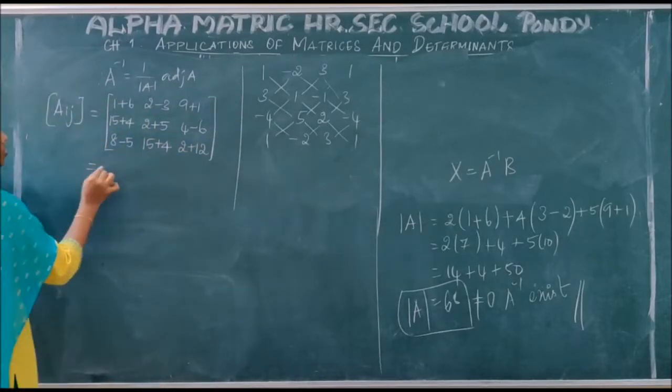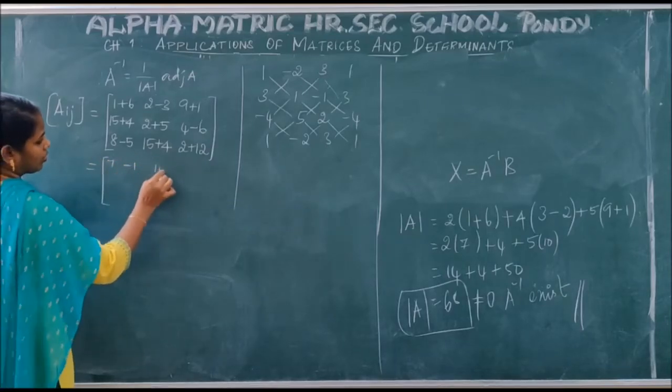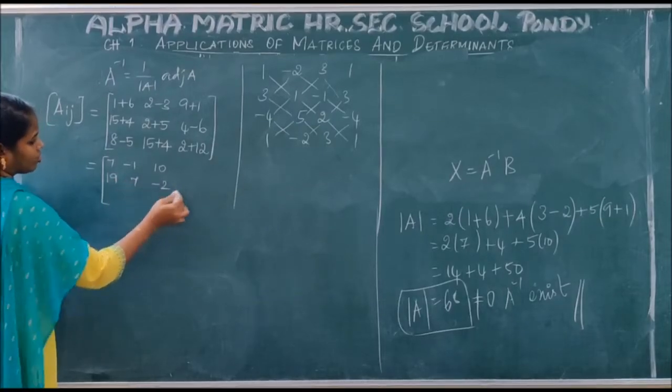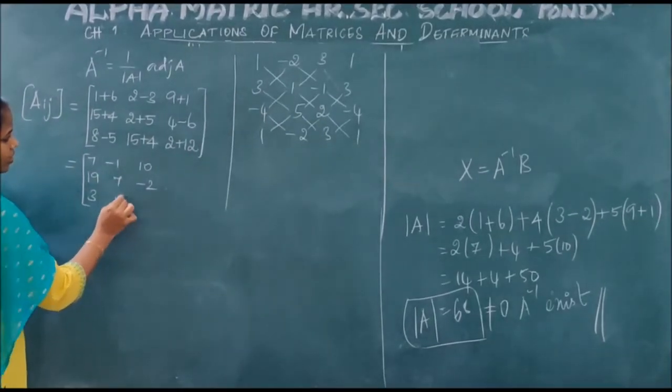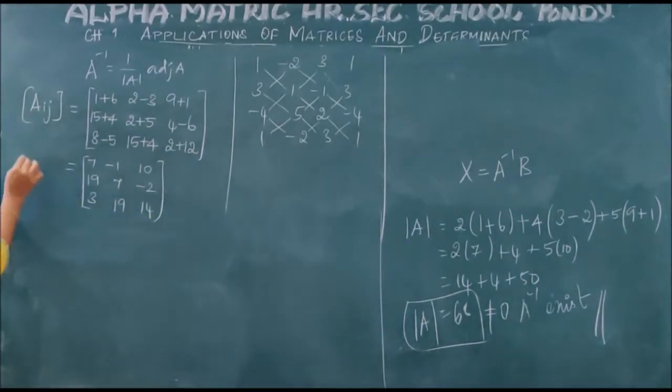So this is equal to 7, minus 1, 10, 19, 7, minus 2, 3, 19, 14. So this is our Aij matrix.